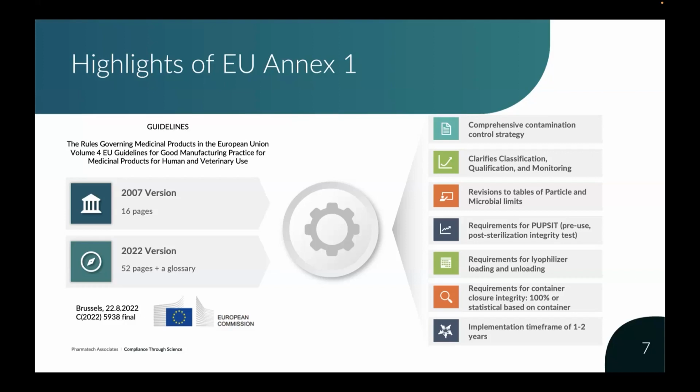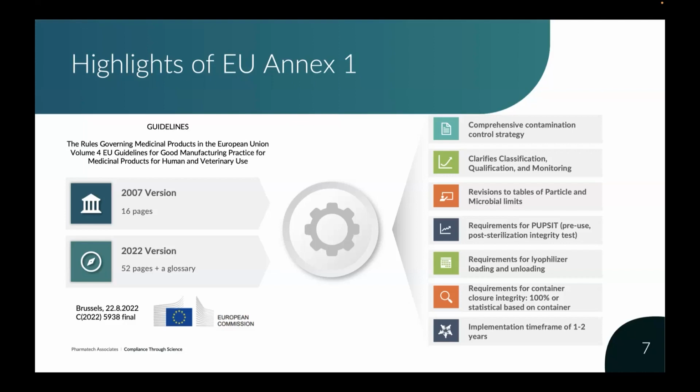There have been some revisions to the particle and microbial limits table, which we'll speak about. There now is a requirement for what is called PUPSIT, which is the pre-use post-sterilization integrity test. There also are new requirements around lyophilizer loading and unloading.